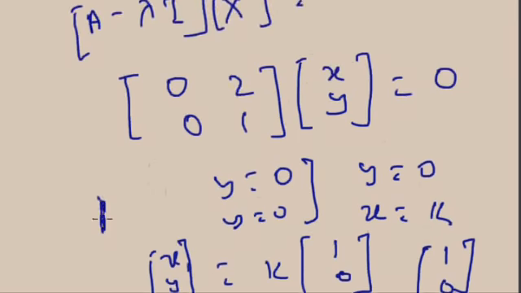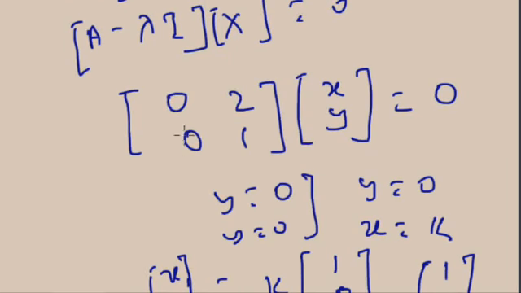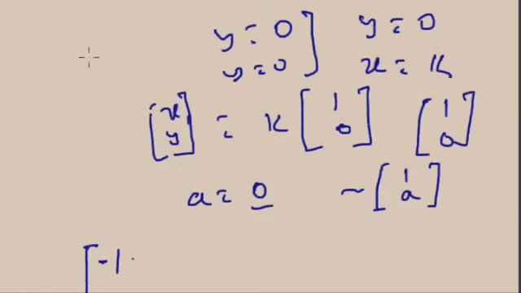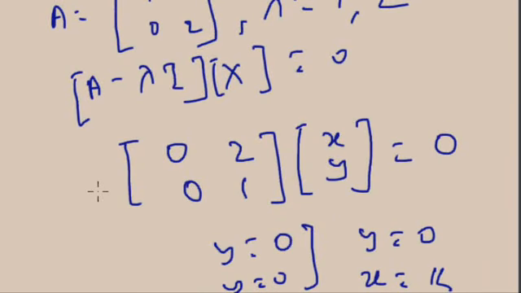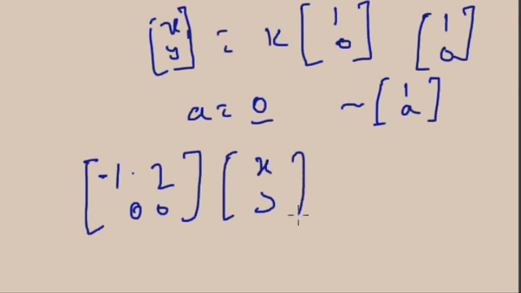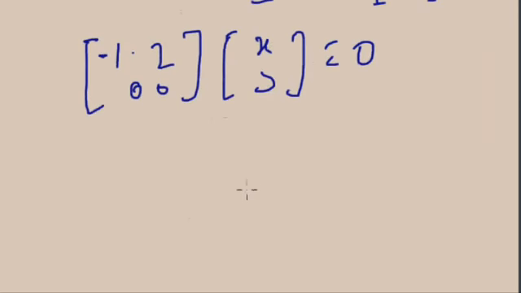Now for the second value of lambda, which is 2, put it in. 1 minus lambda is 1 minus 2, meaning minus 1. So the matrix minus 1 2, 0 0 into x, y is equal to 0. This means minus x plus 2y is equal to 0.